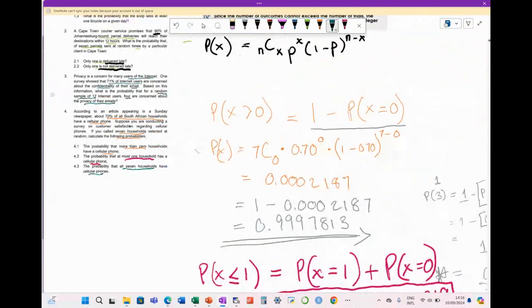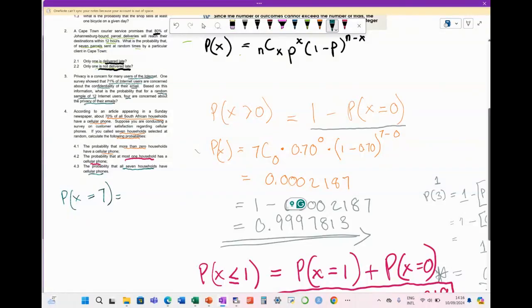So we're basically saying the probability that x is equal to 7, isn't it? Am I right? Okay.